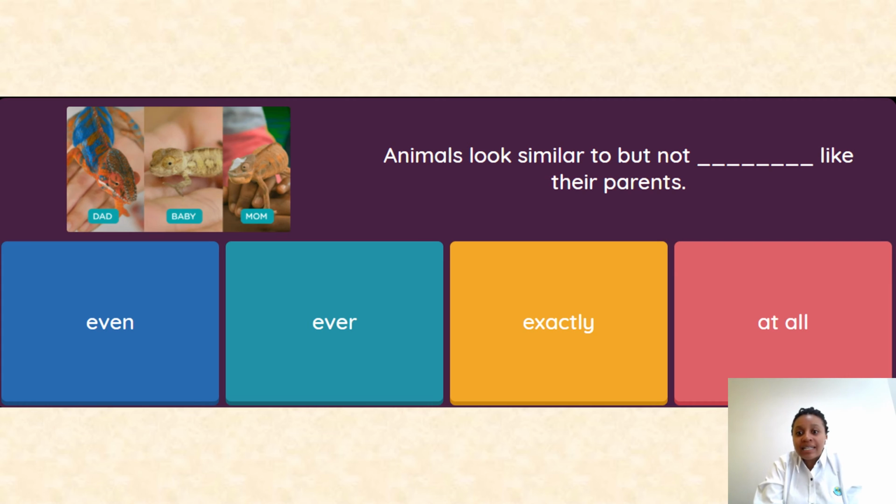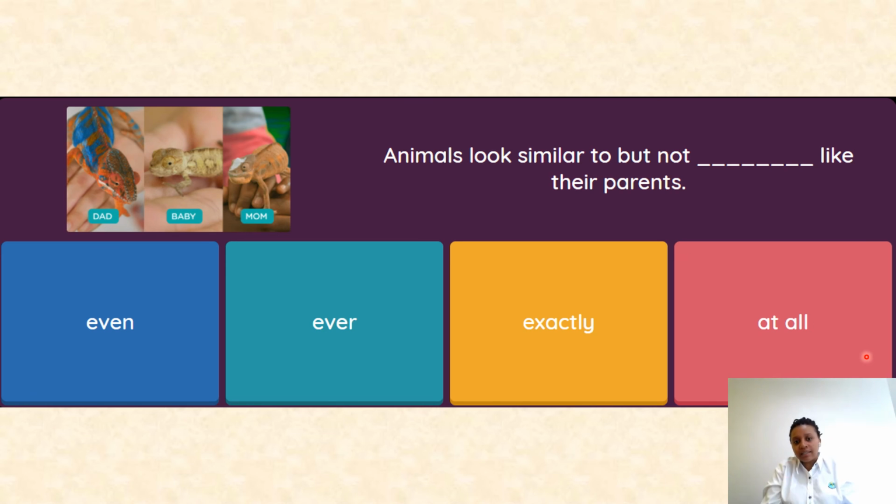Animals look similar to, but not like their parents. So is it not even like their parents, not ever like their parents, not exactly like their parents, or not at all like their parents?